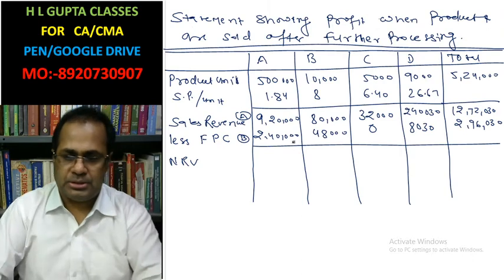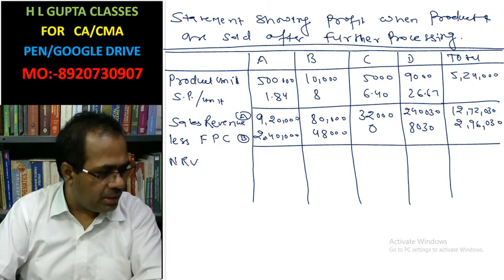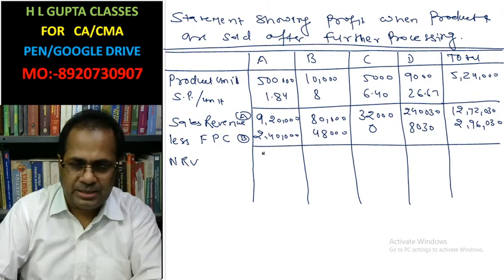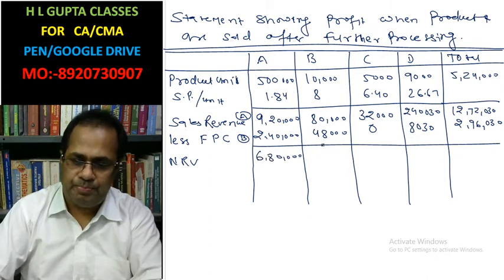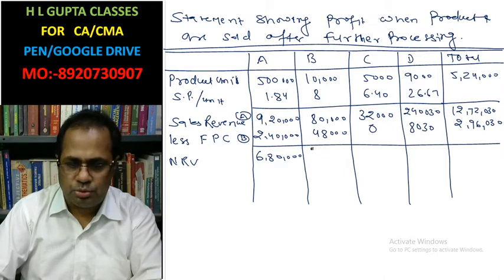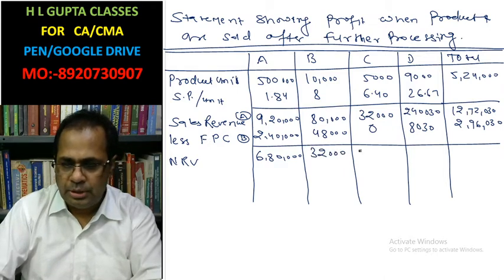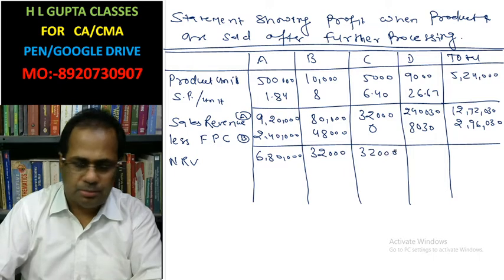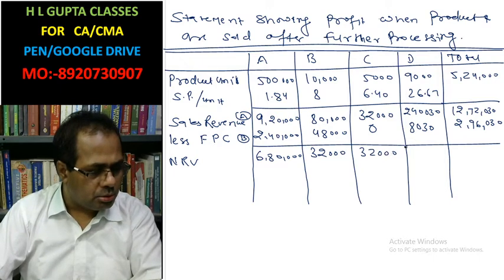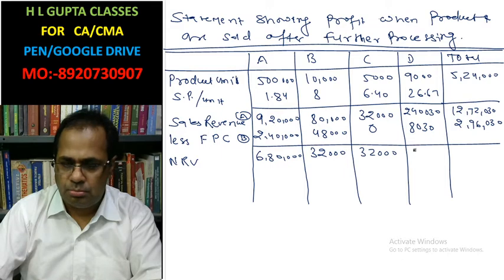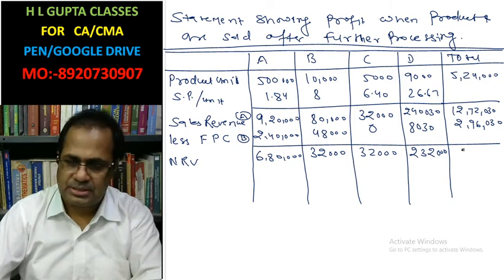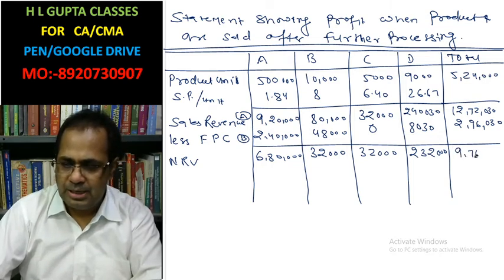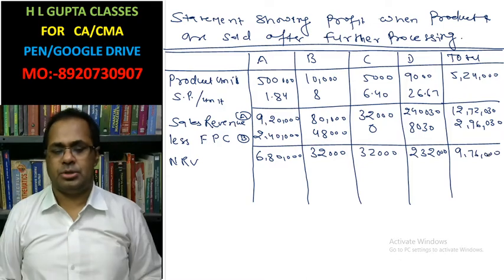Okay, please look at it. In this case, what will be 6,80,000, this is 32,000, this is also 32,000, this is 2,32,000. After subtracting these, 9,76,000.